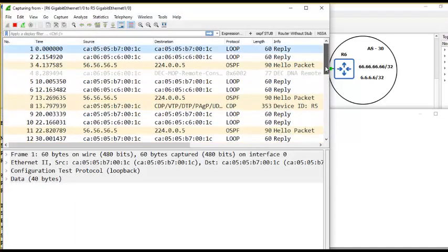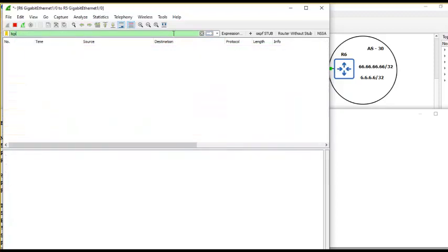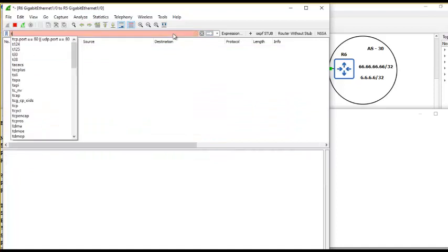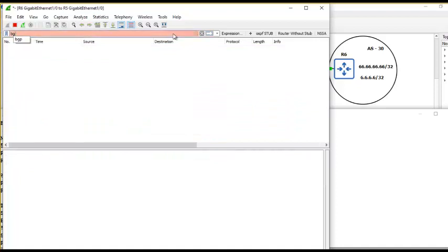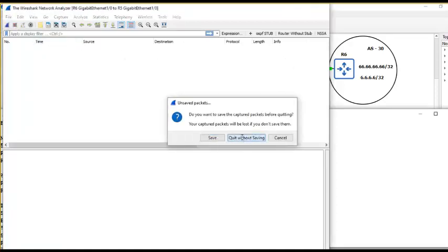Let me filter and show you. TCP, no TCP packets. BGP, no BGP packets. No TCP, no BGP packet. Let me start the Wireshark once again.